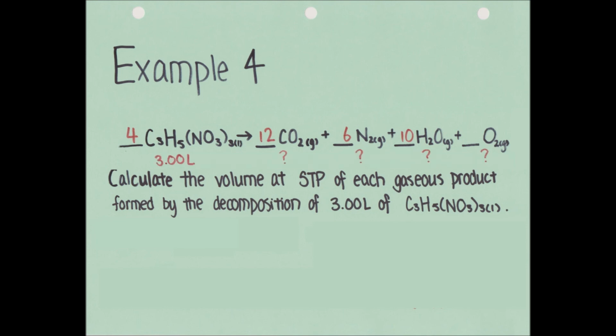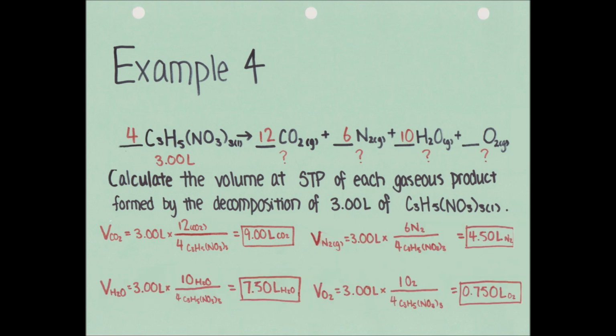We will start by calculating the volume of carbon dioxide gas. So we will have 3 liters of nitroglycerin multiplied by 4 nitroglycerin on the bottom and 12 carbon dioxide on the top. If we multiply and divide, this gives us 9 liters of carbon dioxide gas. You can follow these steps to calculate the remaining 3 products.